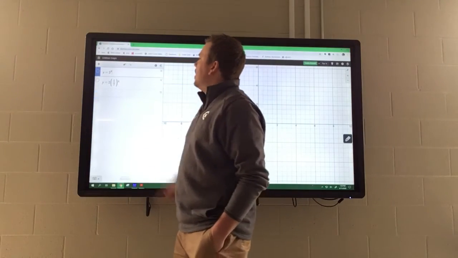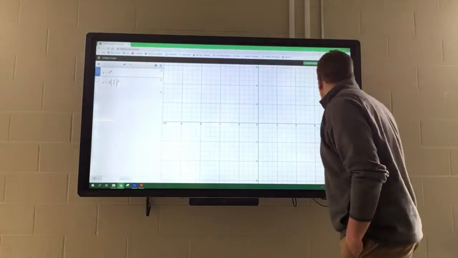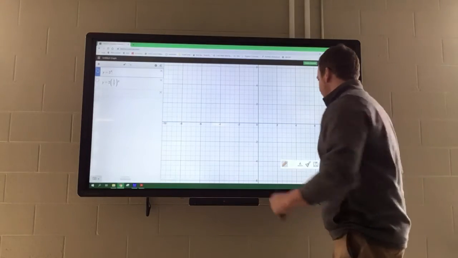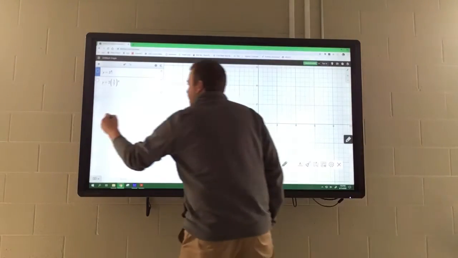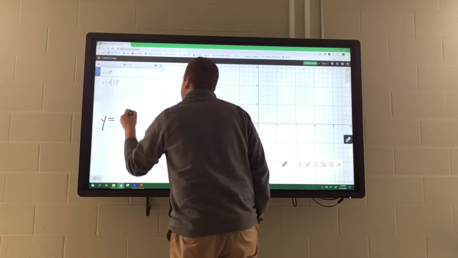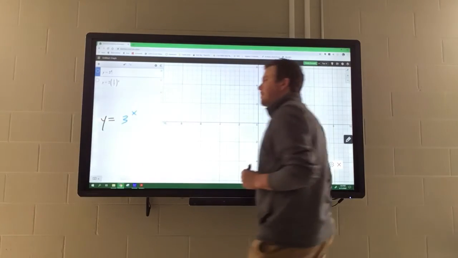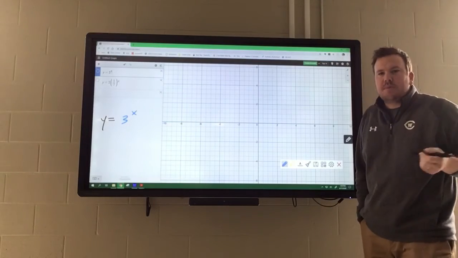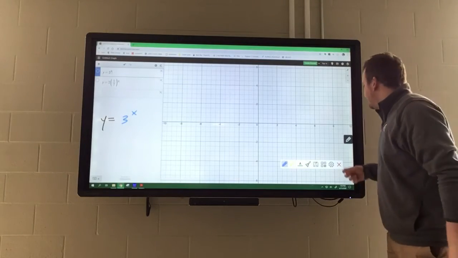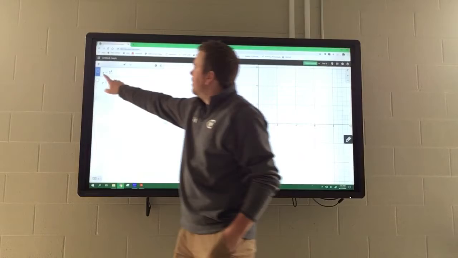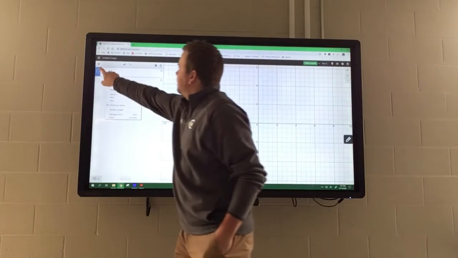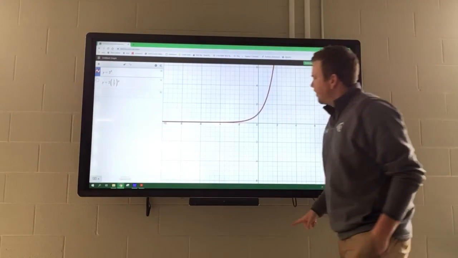So let's start with one that shows exponential growth. Our first function that I'm going to display is y is equal to 3 to the power of x. In this case our a would just be 1 times 3. But let's see what that graph looks like. It looks like this.